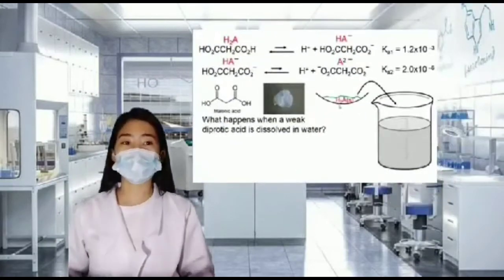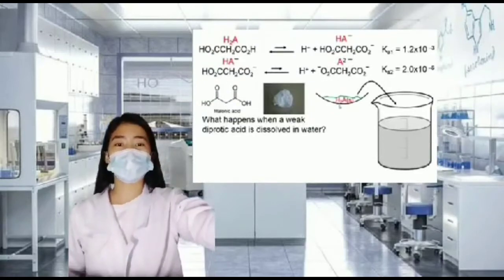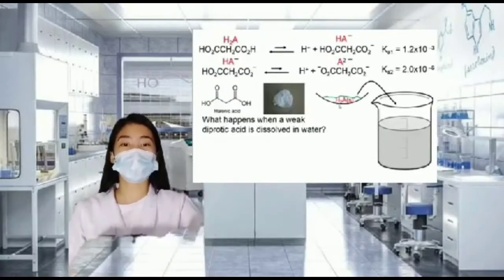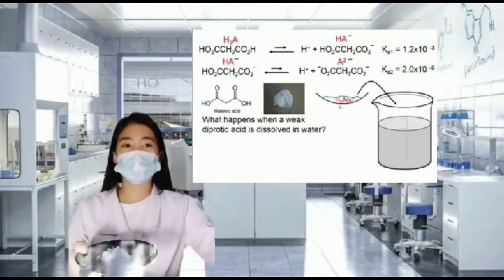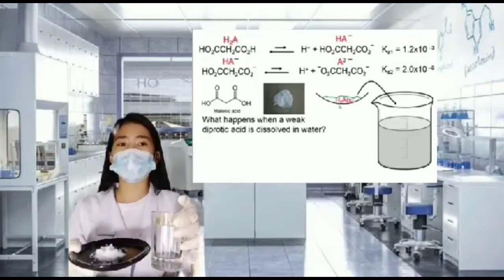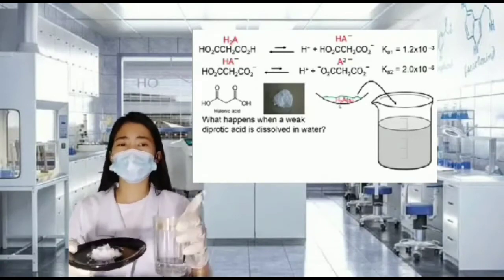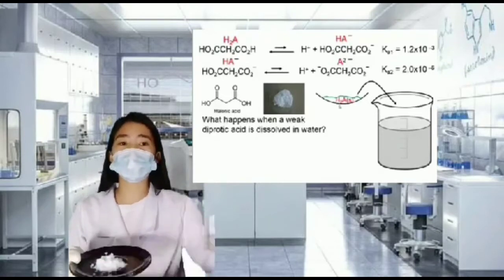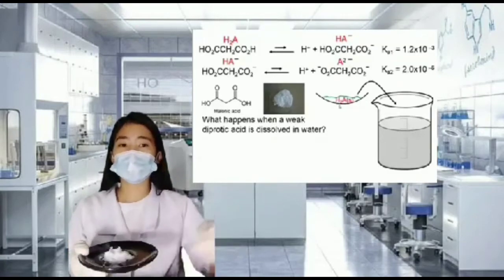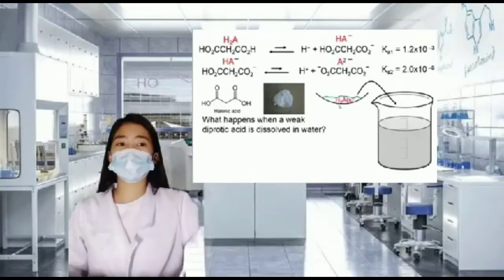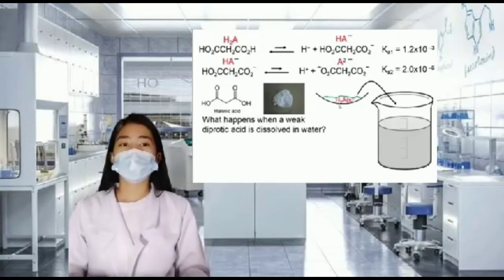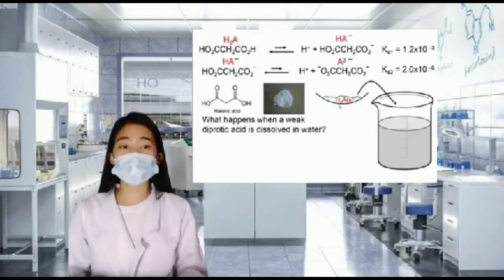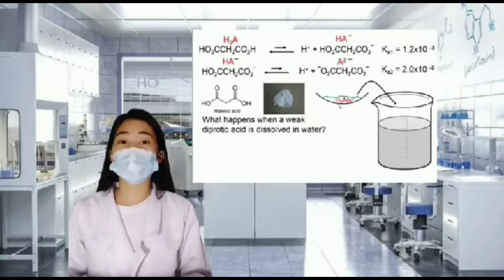So what we want to look at is when malonic acid, a white crystal powder, is placed into water, what species are present? I want to draw the species present in solution, and it would be very difficult to draw the chemical structure of malonic acid, so we will use a weak diprotic acid, H2A. The 2 protons dissociate as H plus, and we label the conjugate base HA negative.